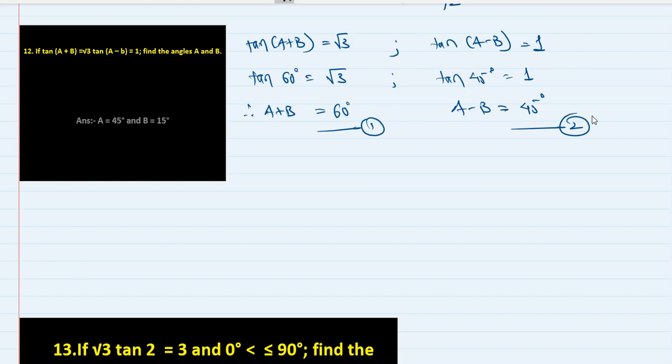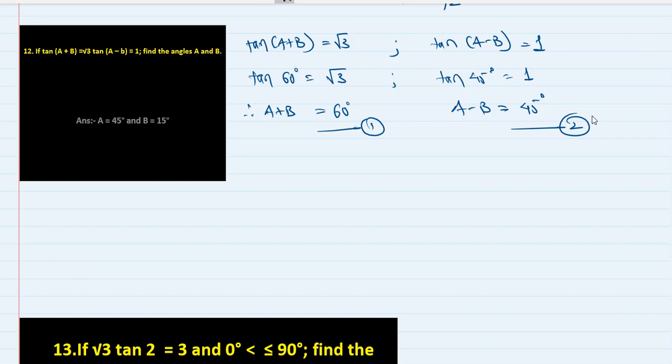But I doubt whether A minus B can be 45 degrees. That's a little strange. Or maybe the answer given over here is a little strange, A and B, 45 and 15.